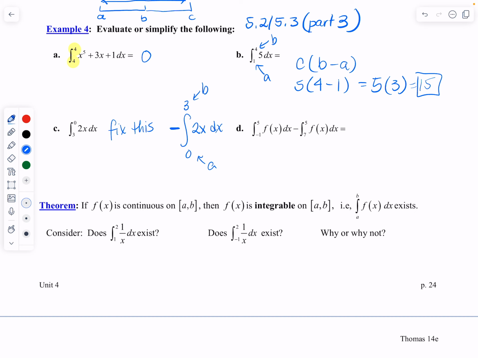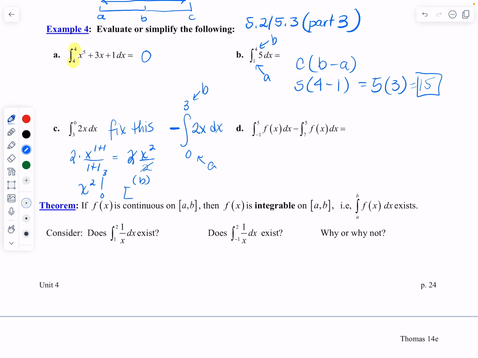Well, you have to integrate the 2x first. I'm going to take 2 times x to the first power, so I add 1 to the exponent, over 1 plus 1. So this becomes 2 times x squared over 2. The 2's cancel out, and I'm left with x squared. Now I'm going to evaluate that from 0 to 3. You're going to learn more about this in the next section, but what you do is you do b first.